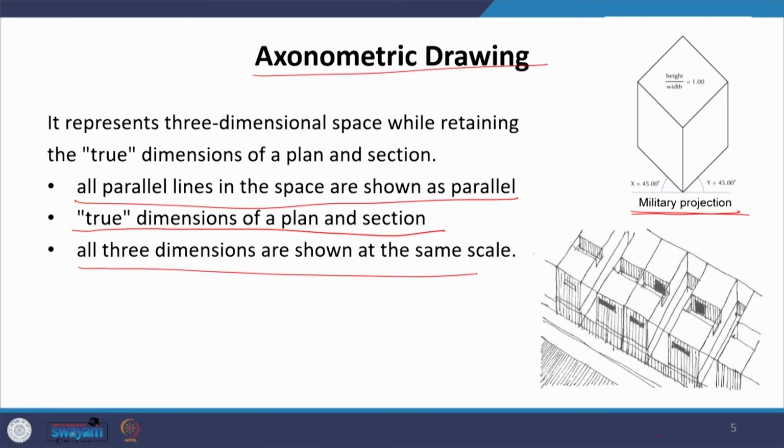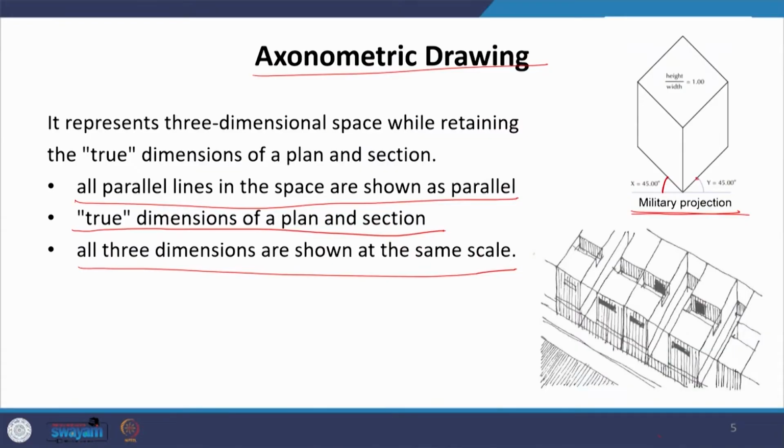Unlike isometric, dimetric or trimetric, where we should have been using the isometric scale, here we are not going to be using the isometric scale. We will be using the true dimensions of plan, section, and heights, everything in true dimensions, and it becomes very easy to draw. And again, all the three dimensions are shown at the same scale, just as we did in isometric projections.